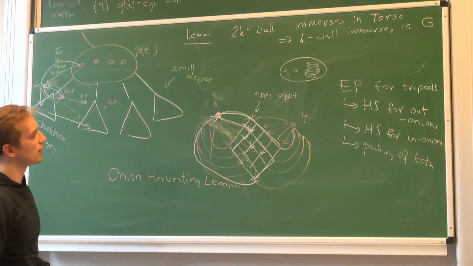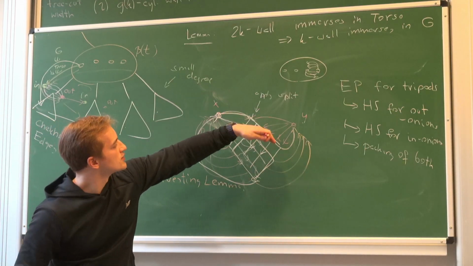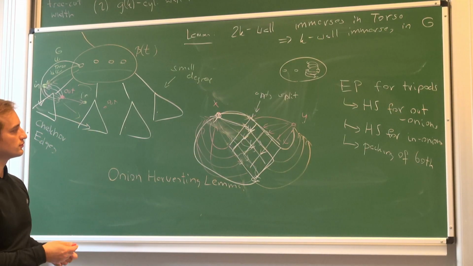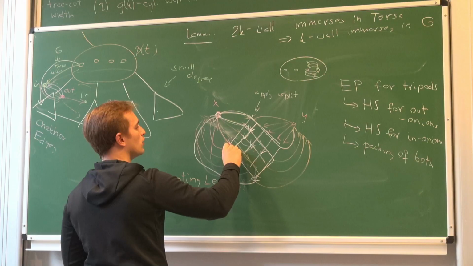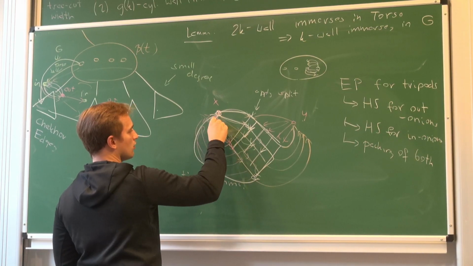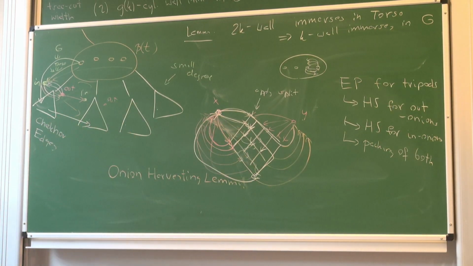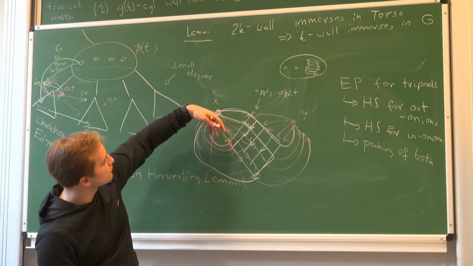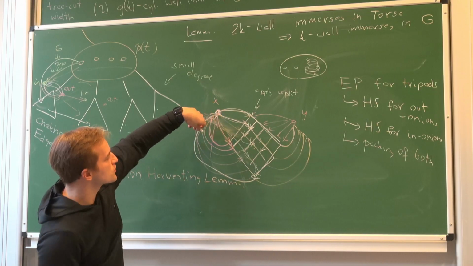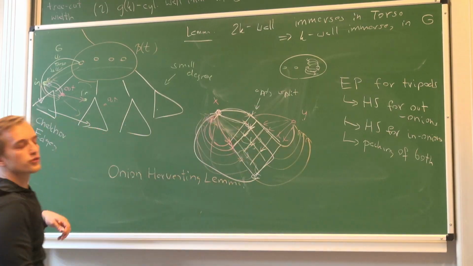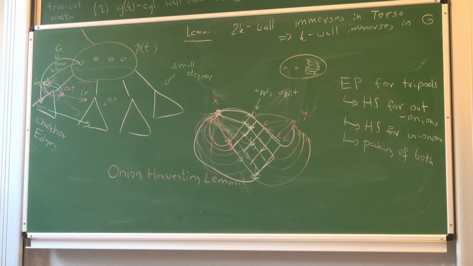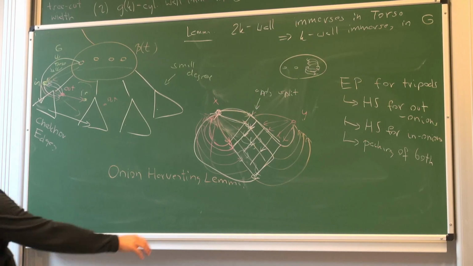So this is one out onion: two from X, they merge, and then one back to X. And this is an in onion. One strips something from the leftmost side, and the other from the rightmost side. So I can pack a lot of those and a lot of those, edge-disjoint. So this will be an onion star with center X.